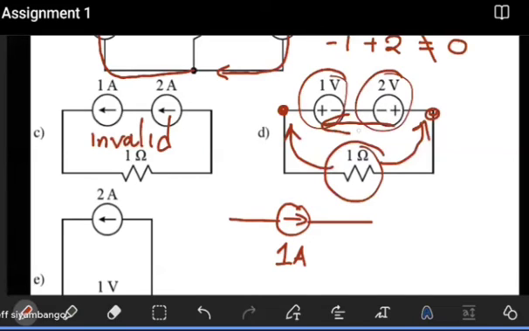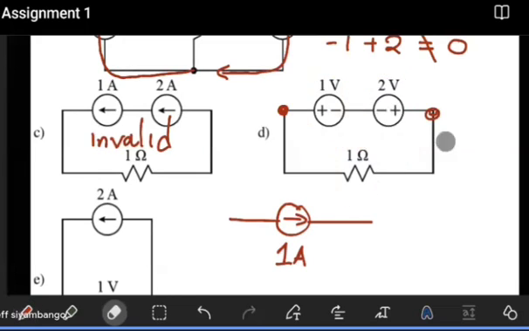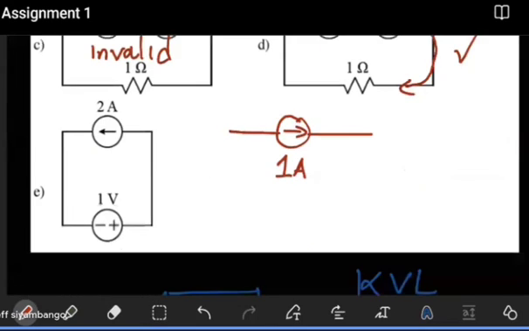It doesn't matter whether this is a 1 volt or that is a 2 volt. They and that 1 ohm resistor all carry the same current. So even though they have different voltage values, the current passing through these voltage sources will be the same. Because of that, this connection is valid.